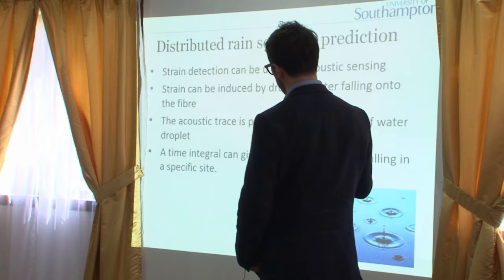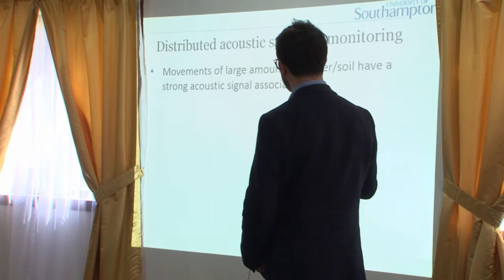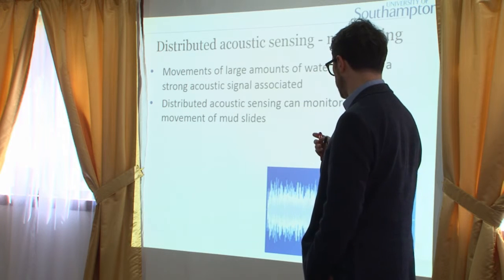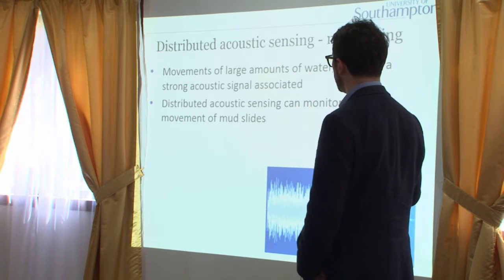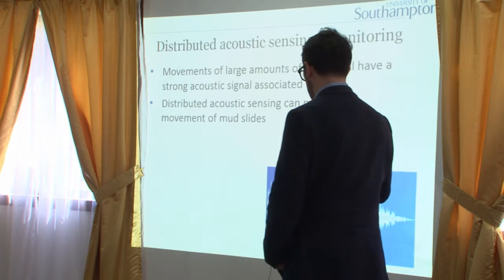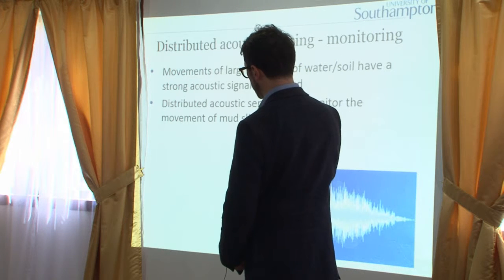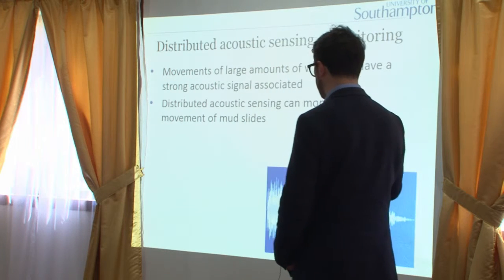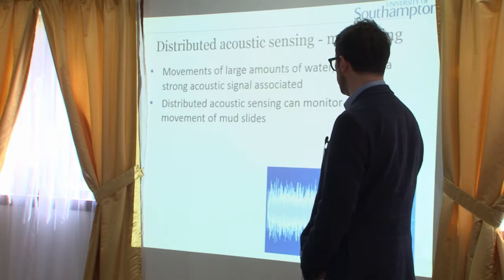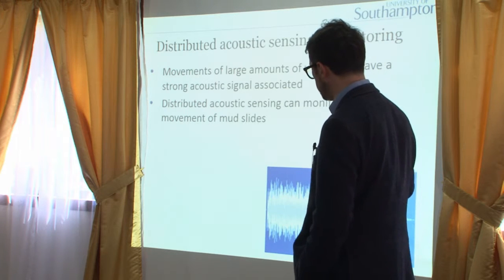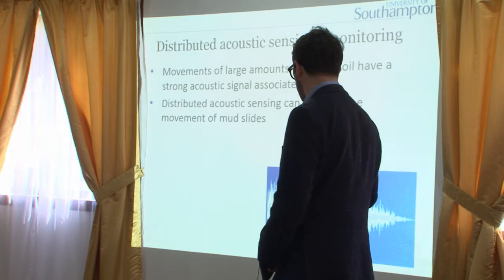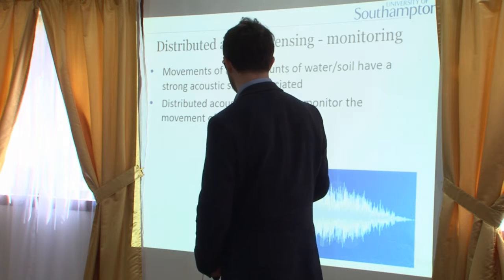This is interesting because you can determine the movement of large amounts of water. So we can determine not only the drops that are falling, but also mudslides. When the soil starts to move, there is a strong acoustic signal associated with that.